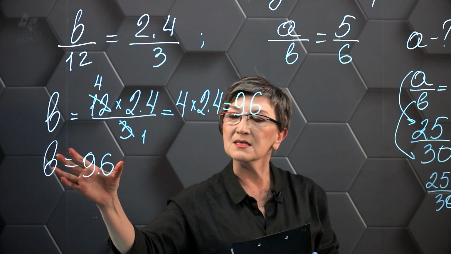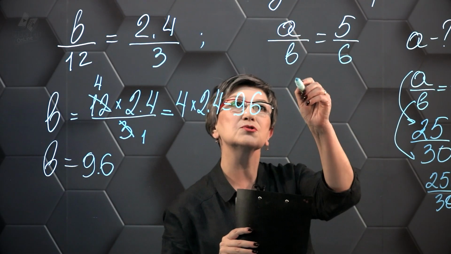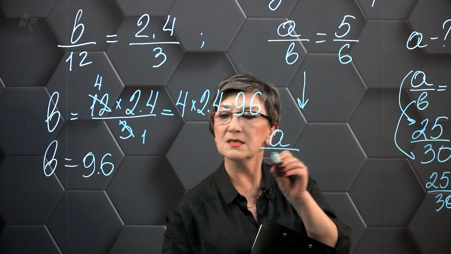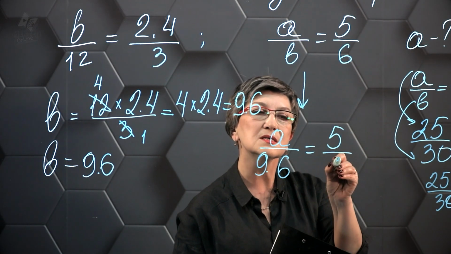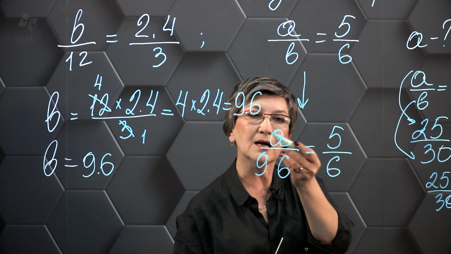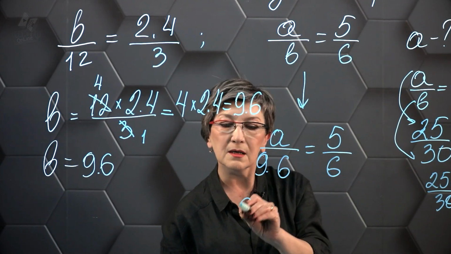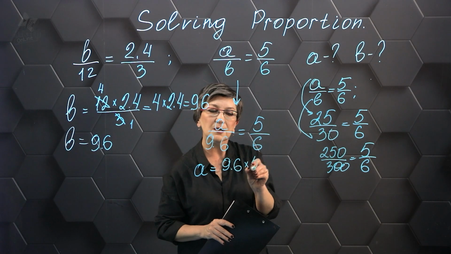And now we substitute this value into the second proportion. Let's work with the second proportion: A divided by 9.6 equals 5 divided by 6. And then, by applying the algorithm, we can find A equals 9 whole 6/10 times 5 and divided by 6.